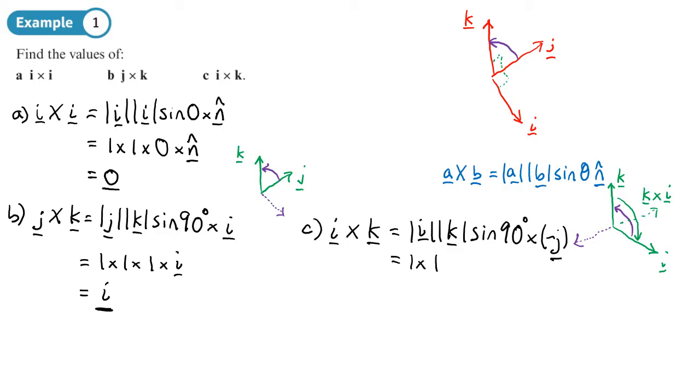Right, so let's work this out. 1 times 1 times sine 90, which is 1, times negative j. So we get negative j as i cross k. Obviously, if it was k cross i, it would be j, the other way around, or a different sign.